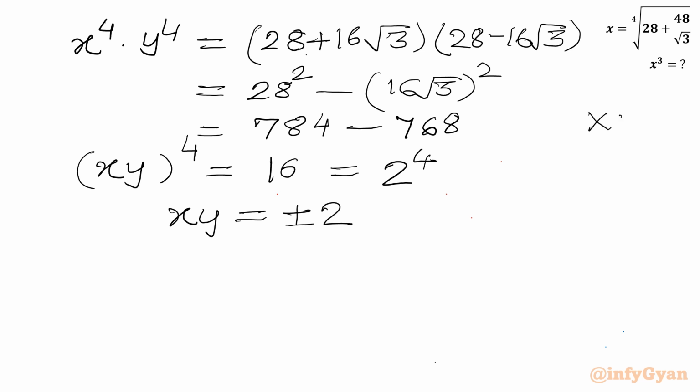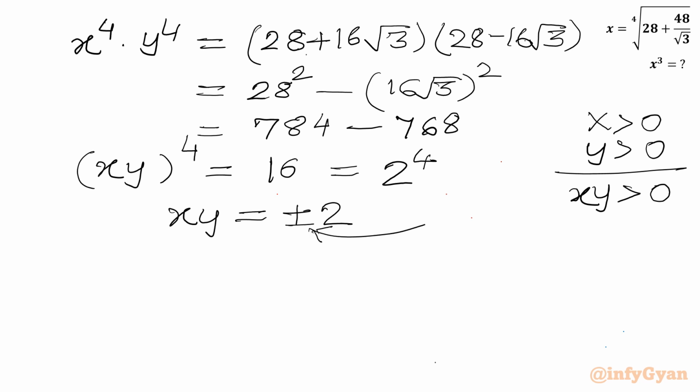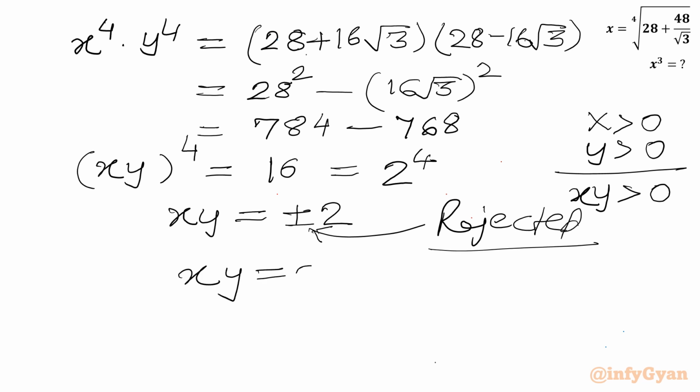But x is positive, greater than 1, and y is positive, so the product is always greater than 0. So this minus sign, the minus 2 value, will be rejected. So xy is 2.